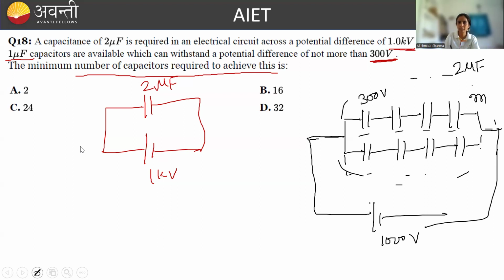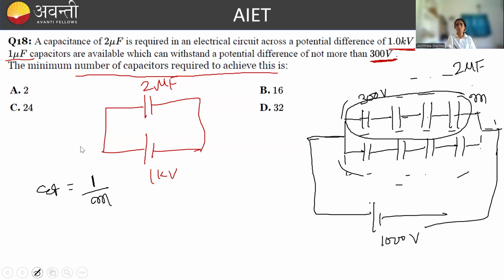If there are m capacitors along this row, then C equivalent here will be how much? Since they are in series, they will get added like parallel. So they will be equal to 1 by m. So C equivalent for one arm is 1 by m.